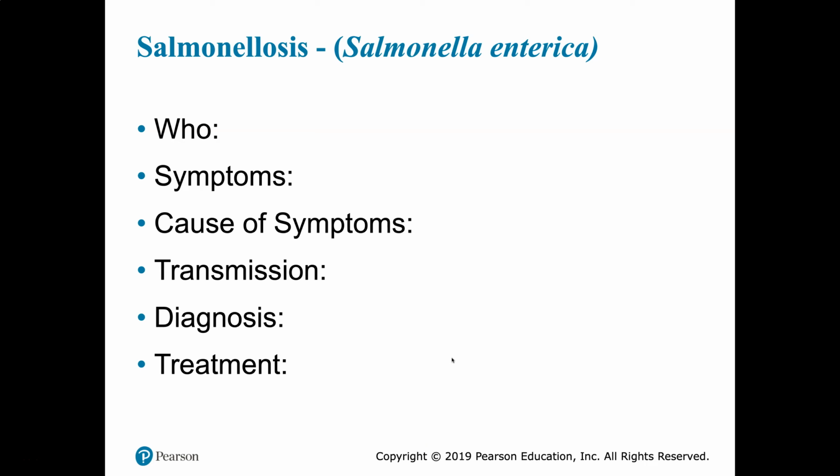Because it's a food infection, it colonizes, and the illness is caused by many types of symptoms. First off, it is a gram-negative organism, and it produces an endotoxin. It has the ability to survive high acidic environments.